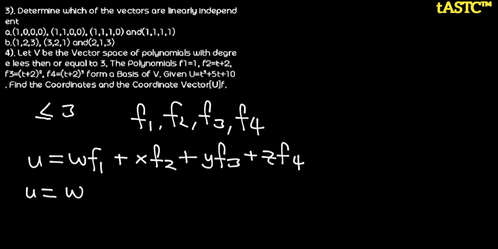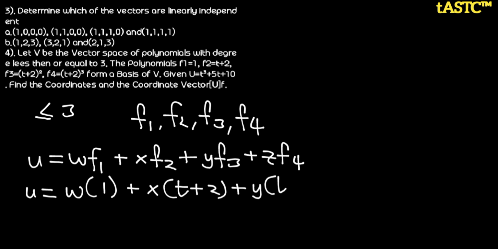So we have a W here, and F1 is a 1. And we have an X here. F2 is T plus 2. And we have a Y. And F3 is T plus 2 all squared. Then we have a Z, which is multiplied by T plus 2 to the third.